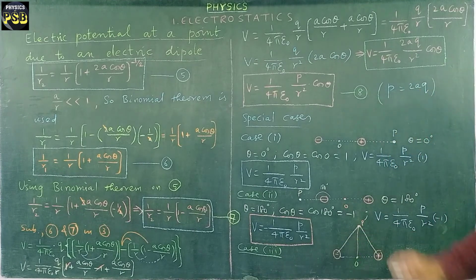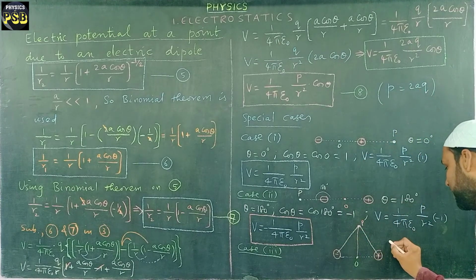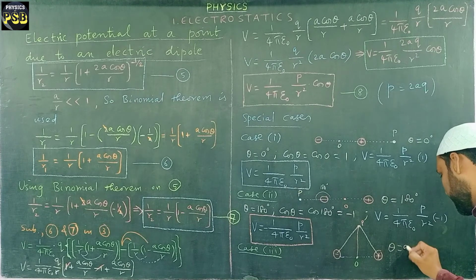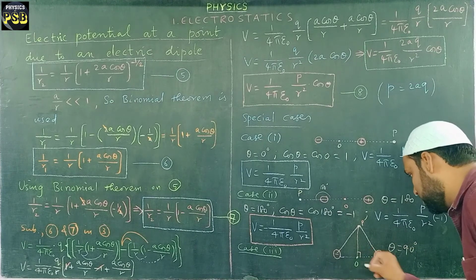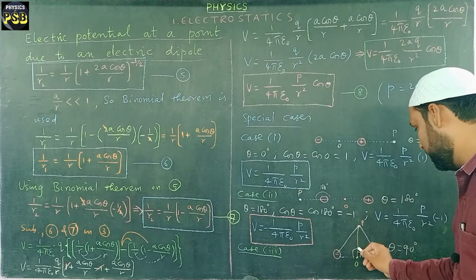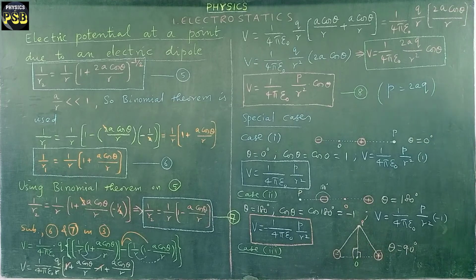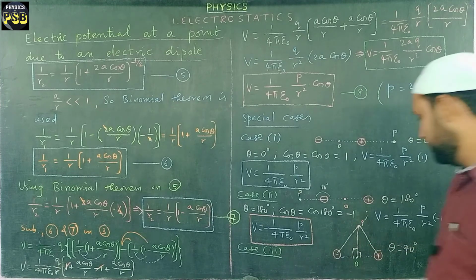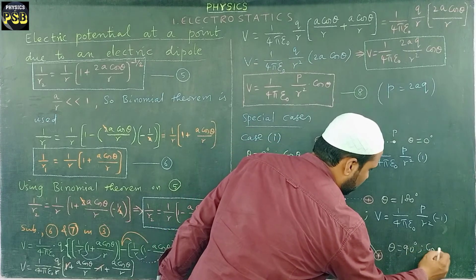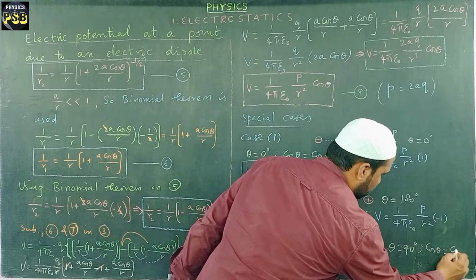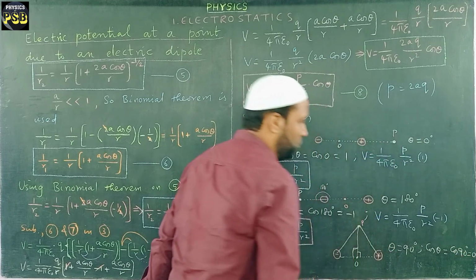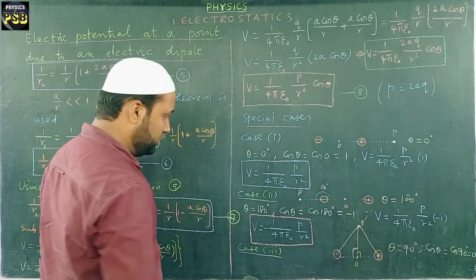When the point P is taken along the equatorial line, here theta makes an angle of 90 degree, the perpendicular angle. So when theta is 90 degree, cos of theta is cos of 90, which is nothing but 0. Cos of 90 is 0.